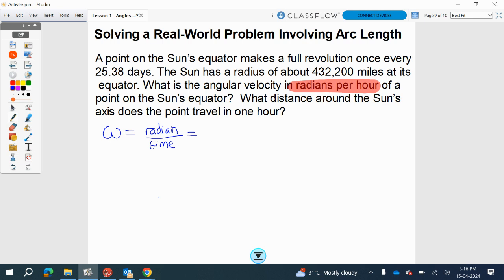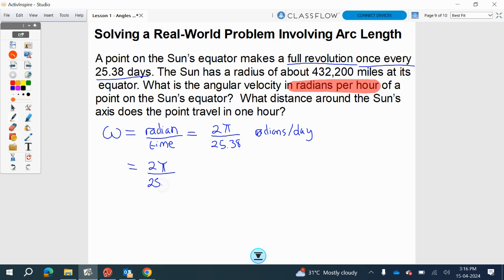So it revolves, one revolution is 2 pi, once every 25 days. So 2 pi over 25.38, this is the angular velocity in radians per day. I can't have an equal sign there. That's in radians per day. So 2 pi, I have to divide that by 24 hours in a day.